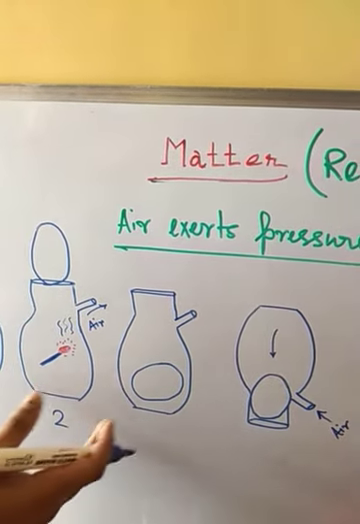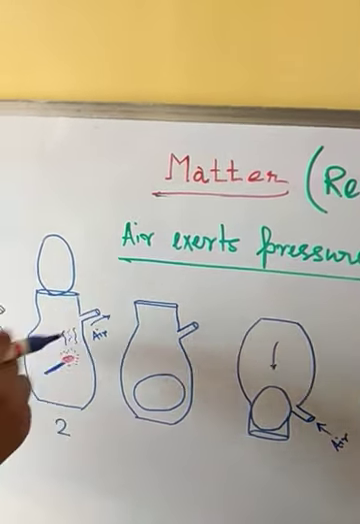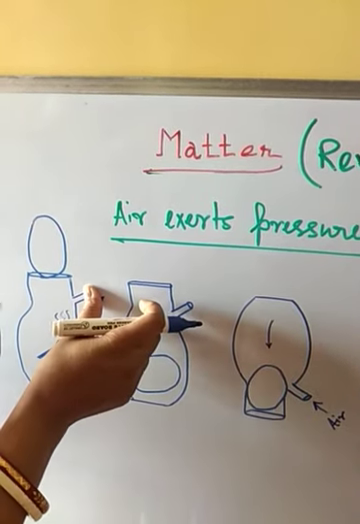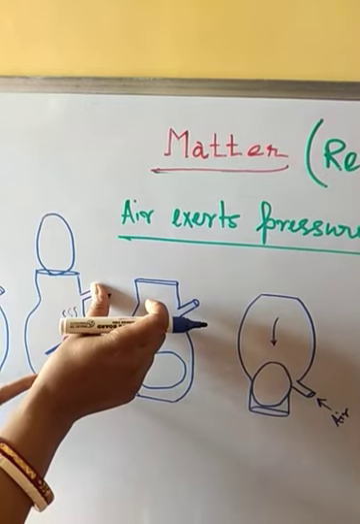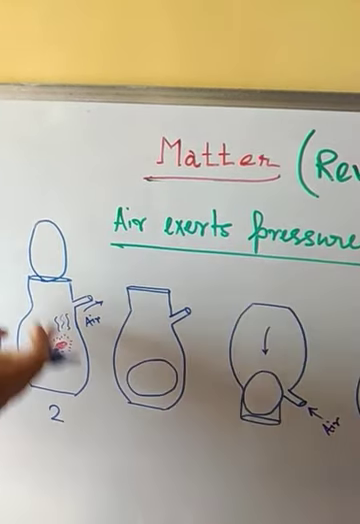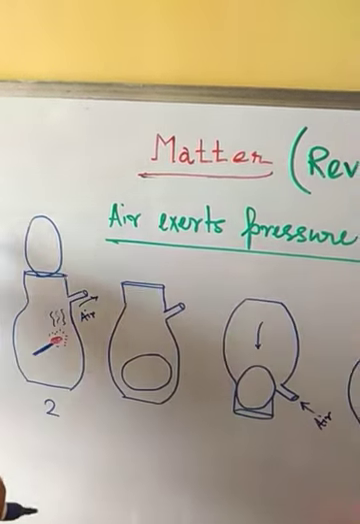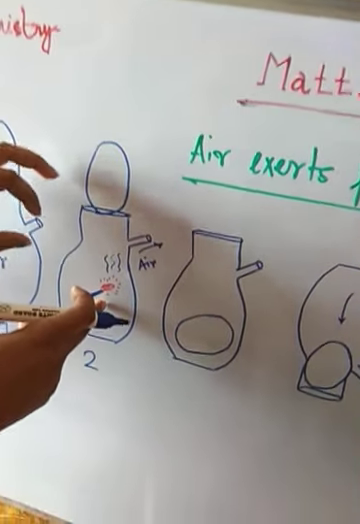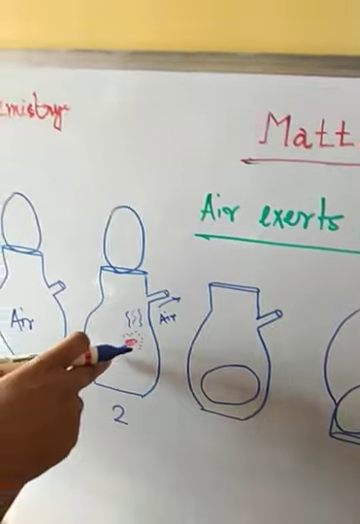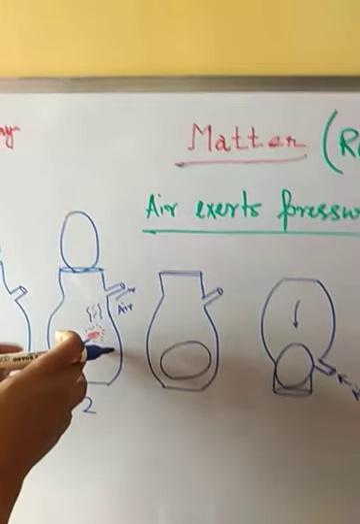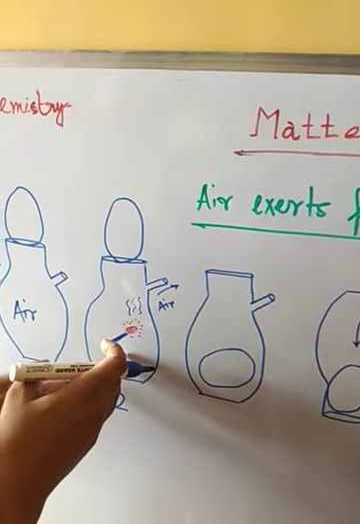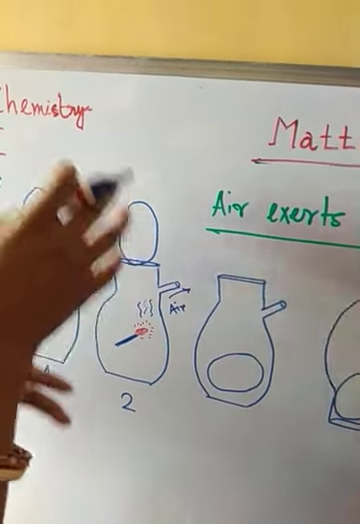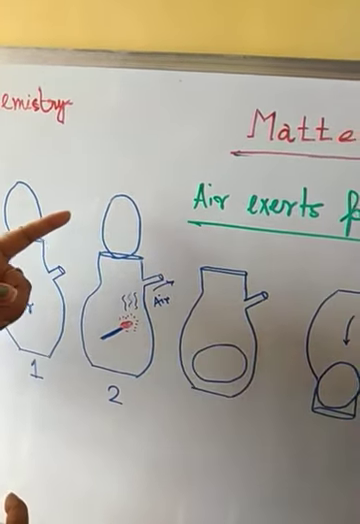Okay, now we will place our thumb here in this part. We will extinguish the matchstick. Okay, what we did in this case: we struck the matchstick, and the burning matchstick we put into this milk bottle. And quickly we replaced the egg on the mouth of the bottle as it was before.